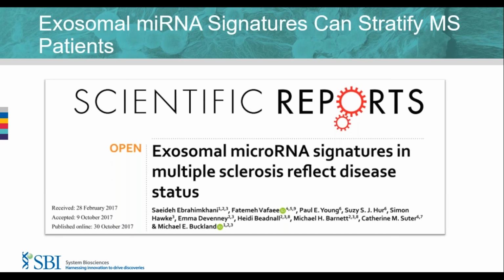So normally within 10 or 15 years of disease onset, the majority of patients with RRMS will transition to secondary progressive MS. That's a phase of the disease that is defined by gradual clinical worsening and does not respond to any treatment. So being able to stratify patients into these groups is clinically very important.